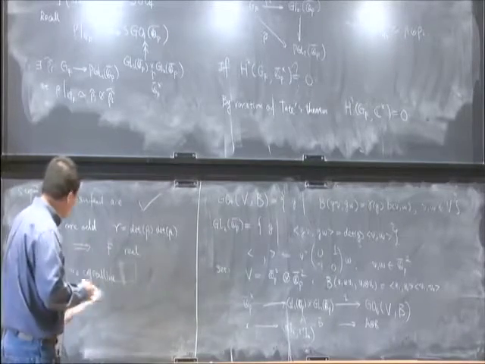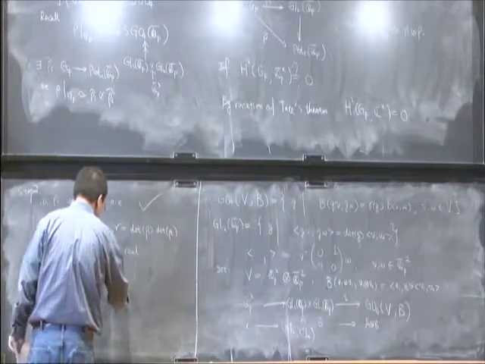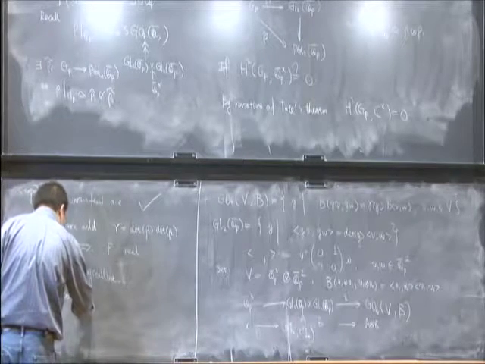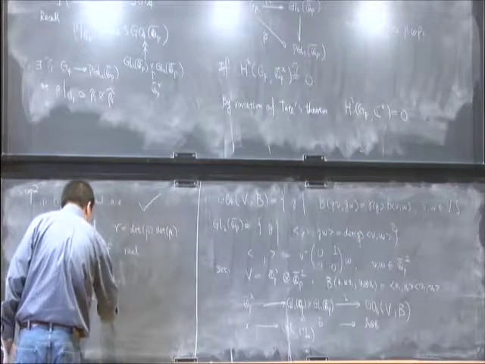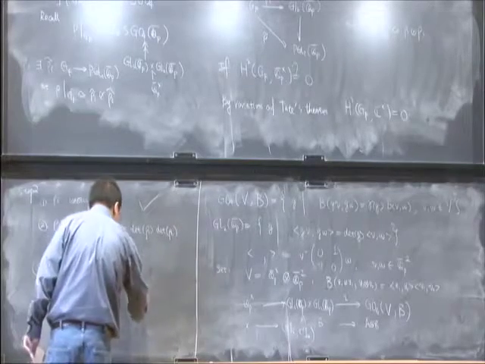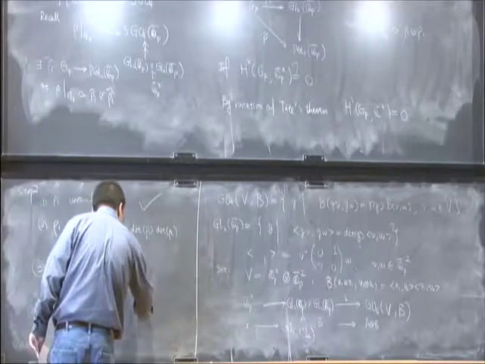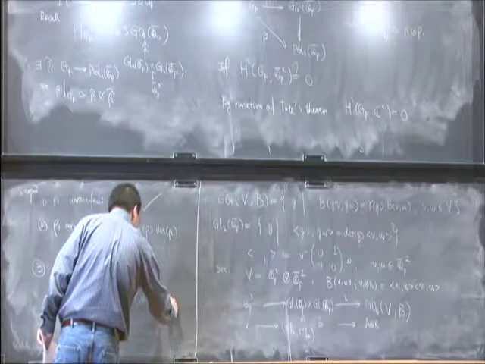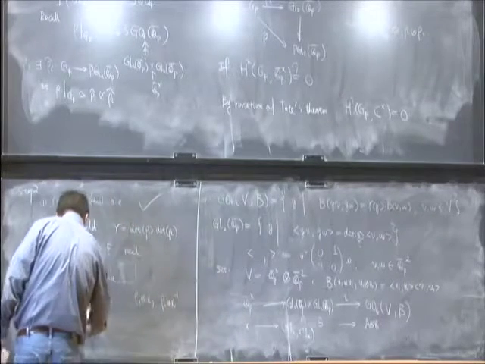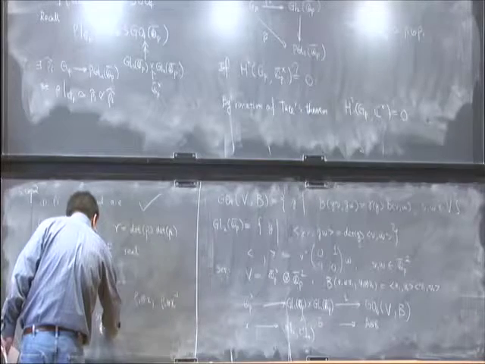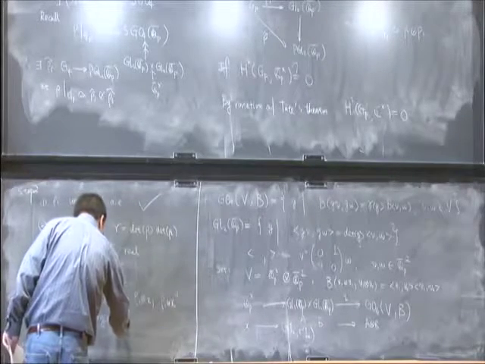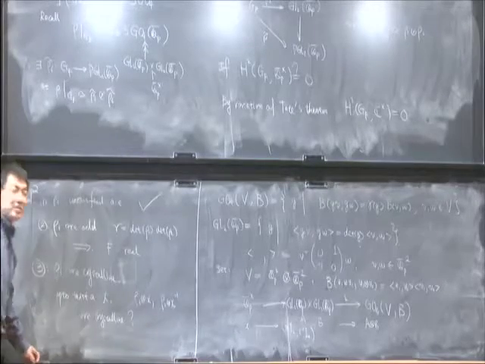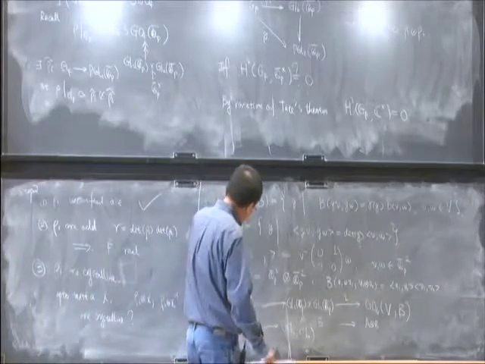So the correct formulation of this question is up to twist by a character. Namely, can we find chi such that rho_1 twisted by chi and rho_2 twisted by chi inverse are crystalline? Okay, so it turns out this is the most technical part of such a thing.